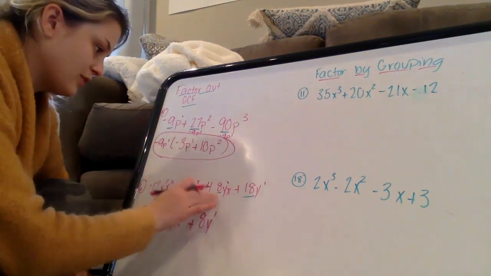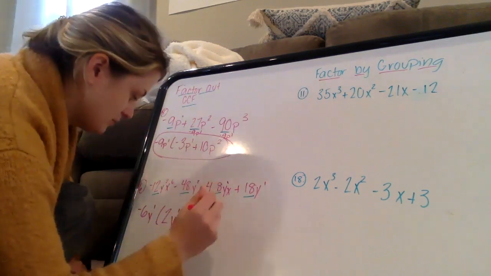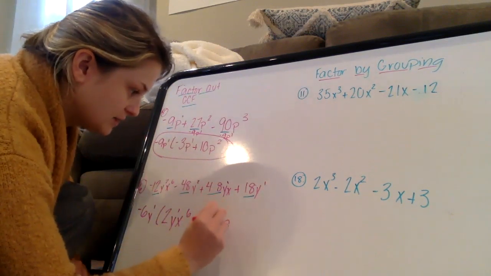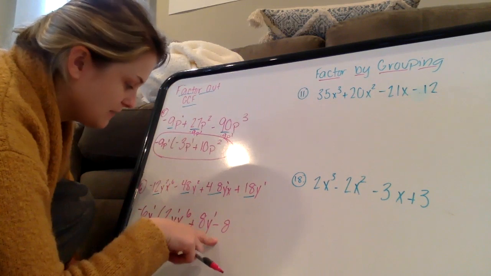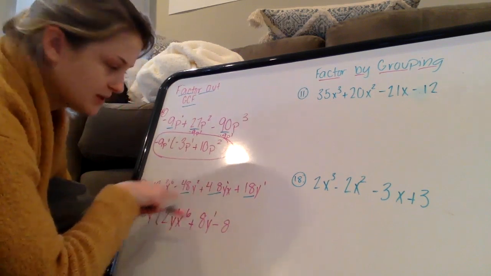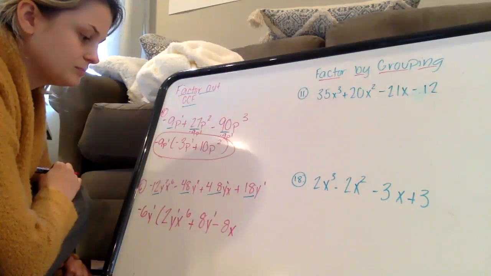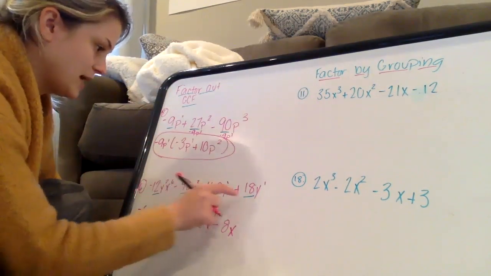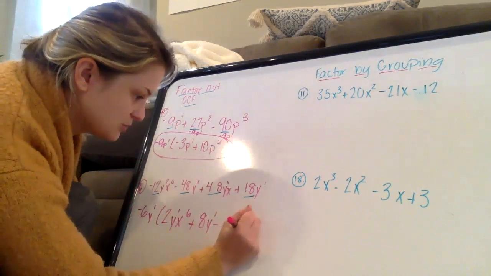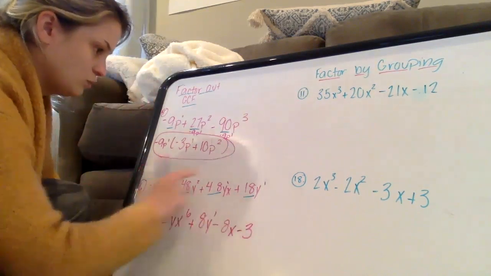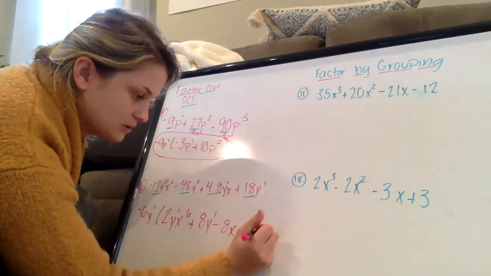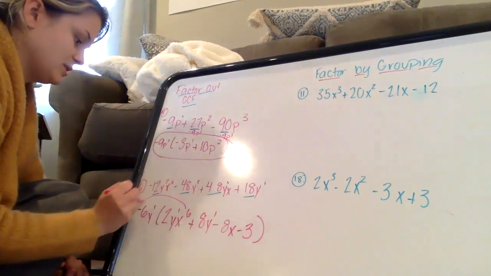Okay? With this one, we'll have a -8 because 48 divided by -6 is -8. The y's will cancel because it's y to the first over y to the first. The y's will cancel and you keep your x. Then you have 18 divided by -6, which will be -3. y to the first over y to the first, that would cancel. So this would be your answer.